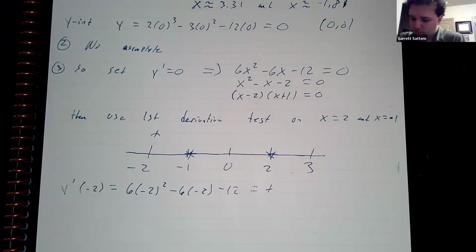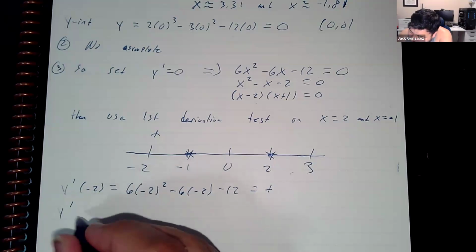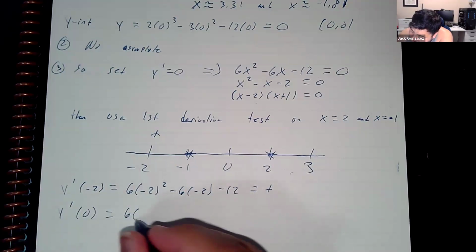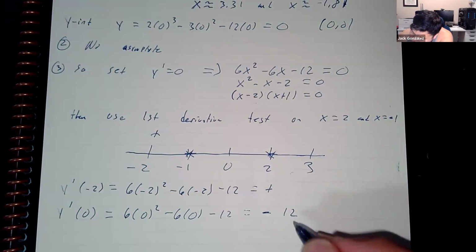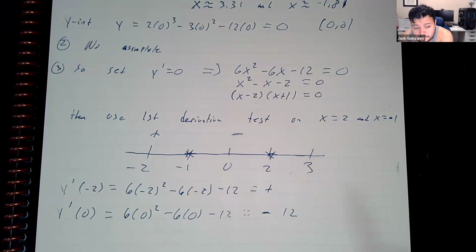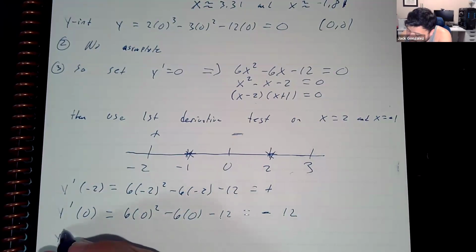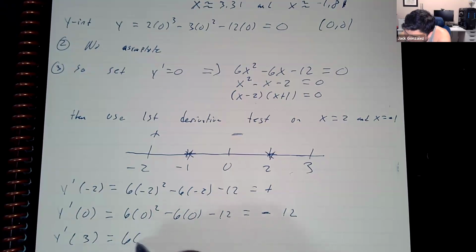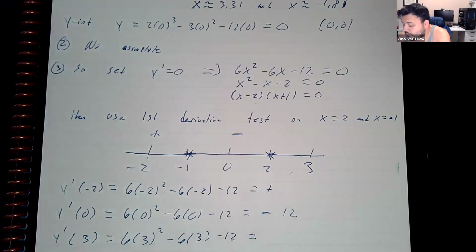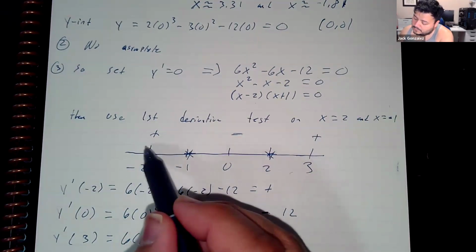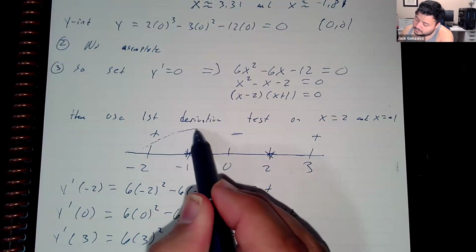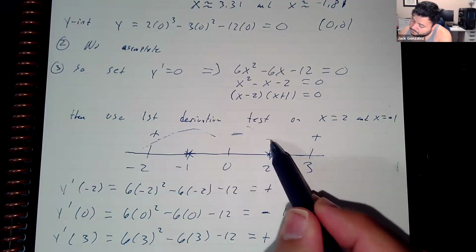Right. y prime at 0 would be negative 12. y prime at 3 will be larger, should be plus. So we have maximum, minimum, right?